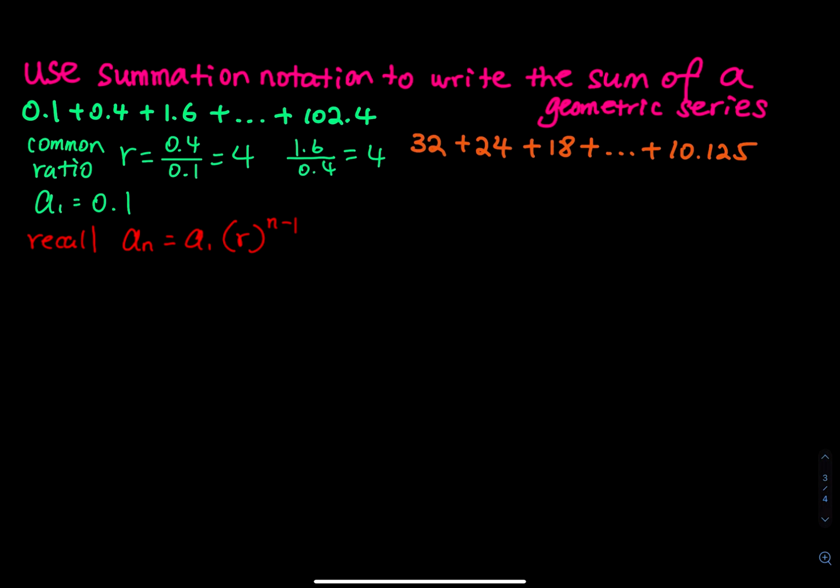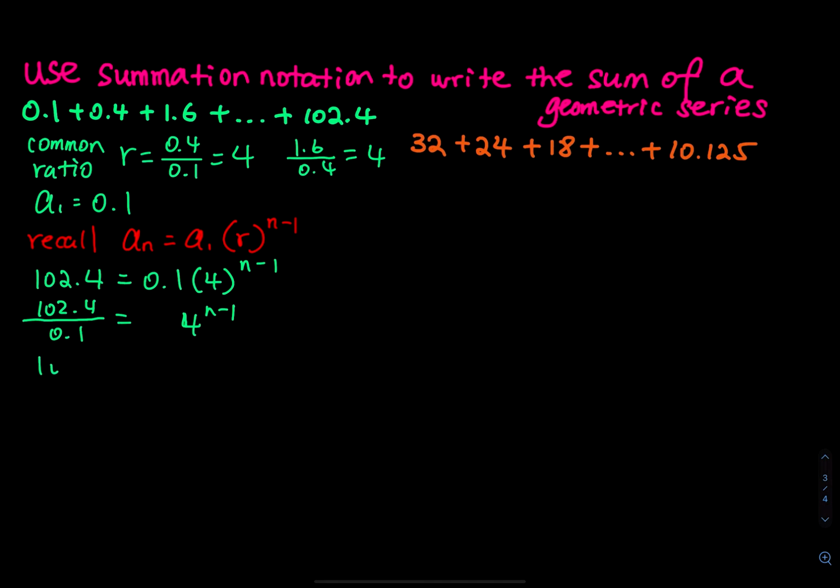The nth term is 102.4, the first term is equal to 0.1, the common ratio is equal to 4, but n we don't know, so we keep that as n minus 1, because we don't know how many terms are in this geometric series. So we take 102.4 divided by 0.1, and that is 4 to the n minus 1.